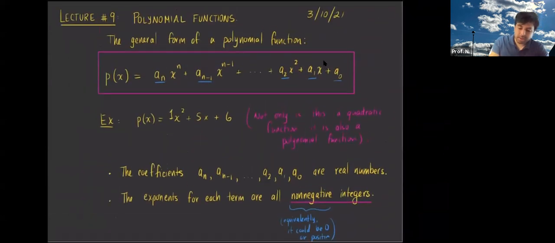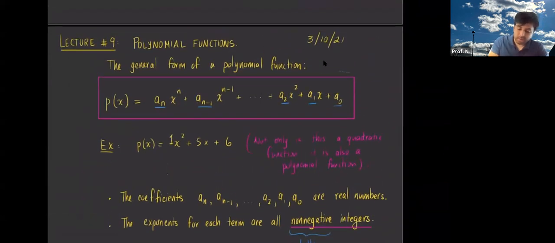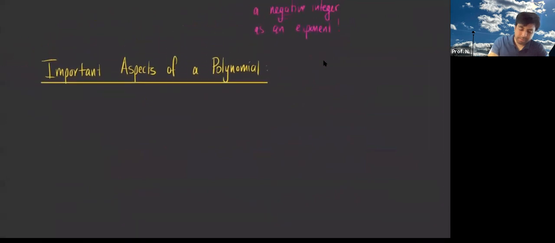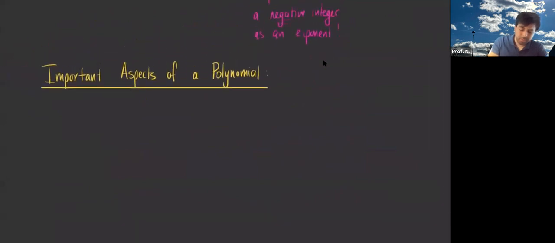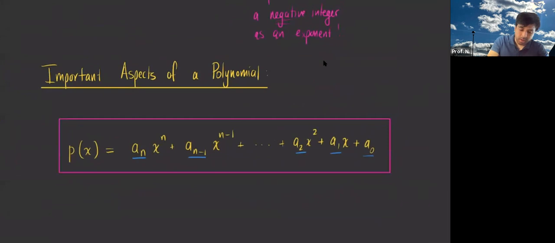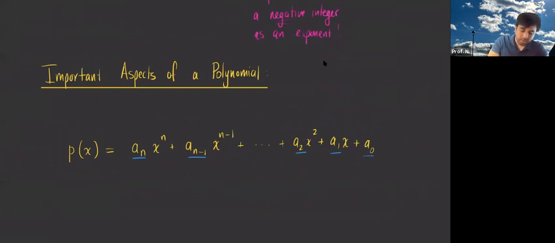Okay, so I'm just going to copy this again. I kind of just introduced this really quick. I'm going to bring it down here and erase this a bit. Okay, so what do we care about for any given polynomial?